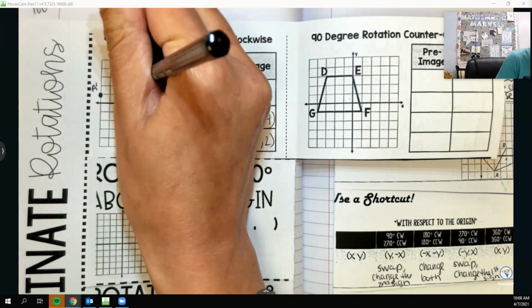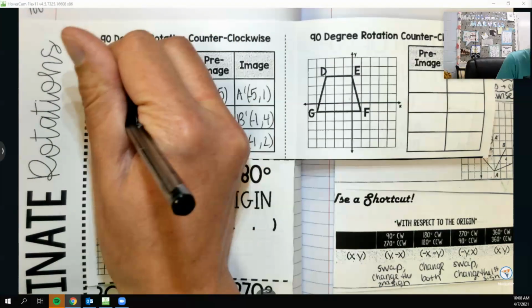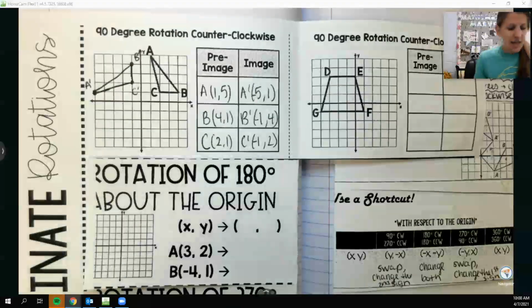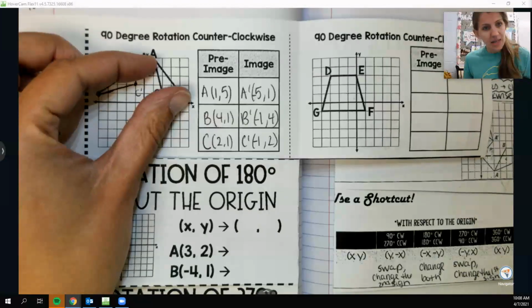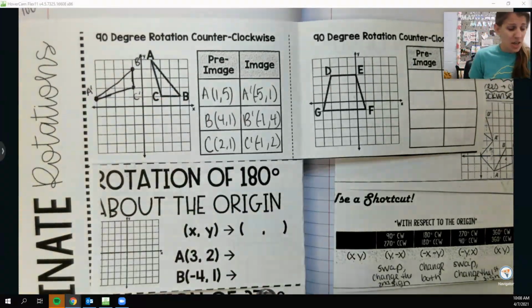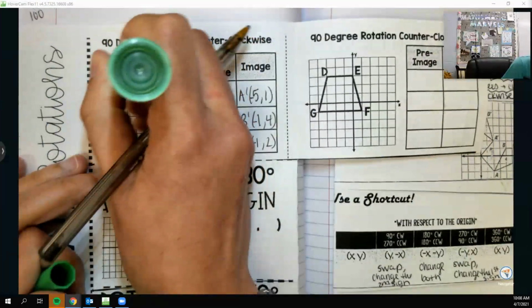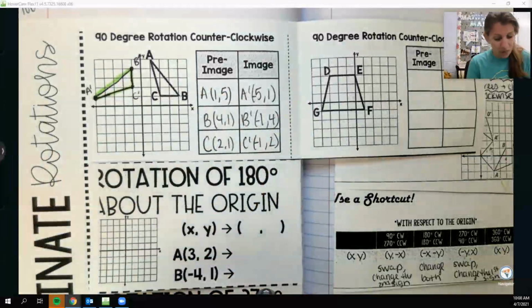Feeling good about how your shape rotated is a little trickier, because you almost have to imagine picking this up and turning it, which is a kind of tricky thing to do. But they did all move over one quadrant, which I feel really good about.